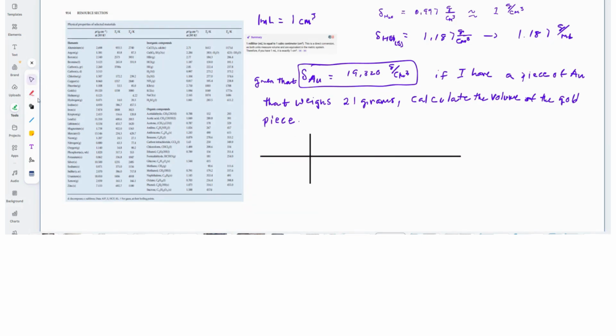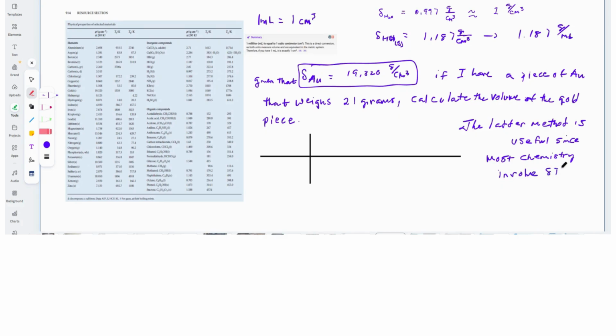We call this the ladder method, because it's really convenient to cancel and know what you're doing. It's useful since most chemistry, or even physical sciences, involve SI units.